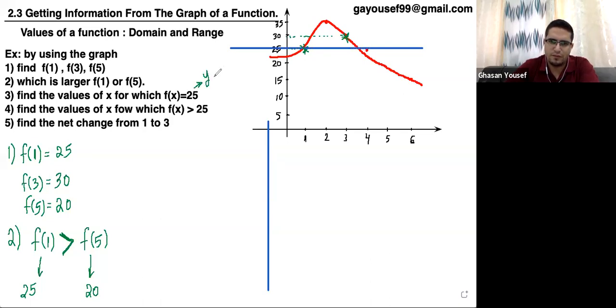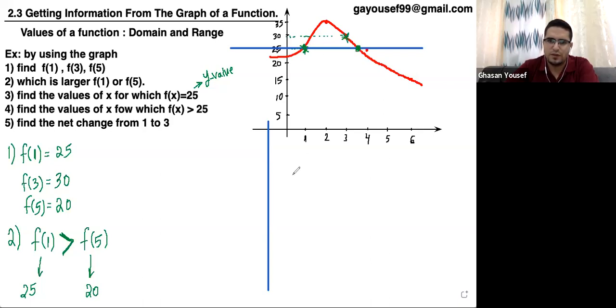This is my y value, so my y value is 25. You draw a horizontal line and see where it intersects the curve. In the graph, it intersects the curve at this point and also at this point.